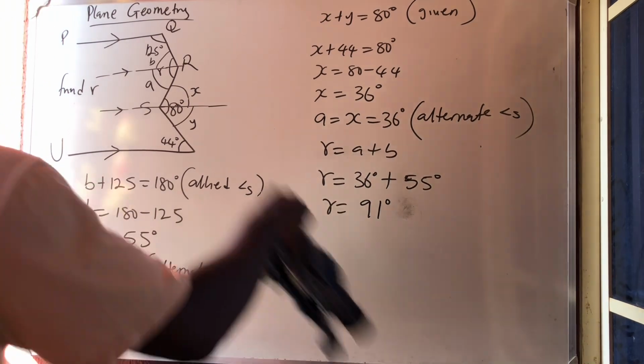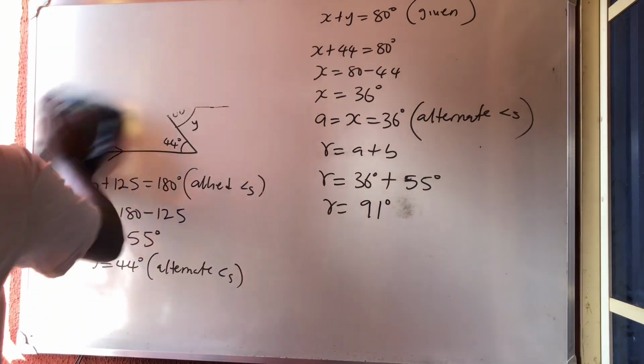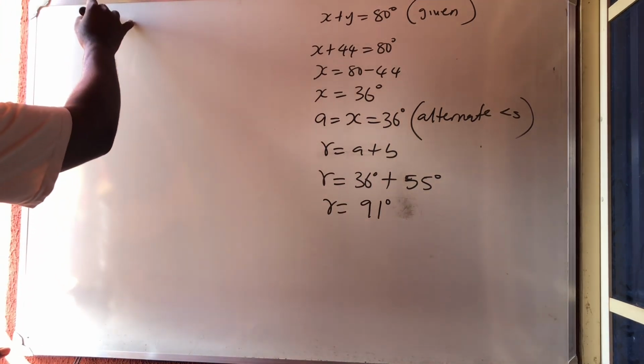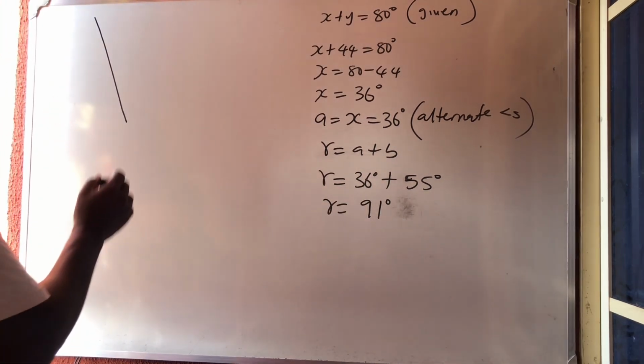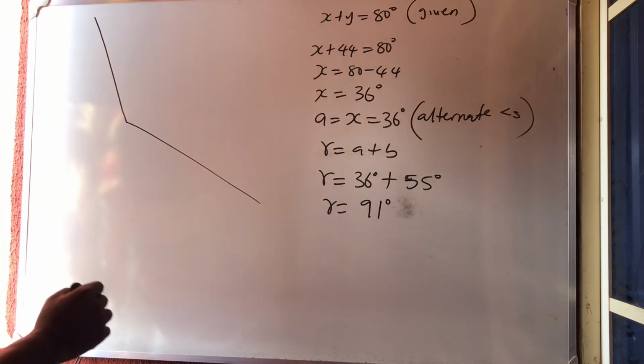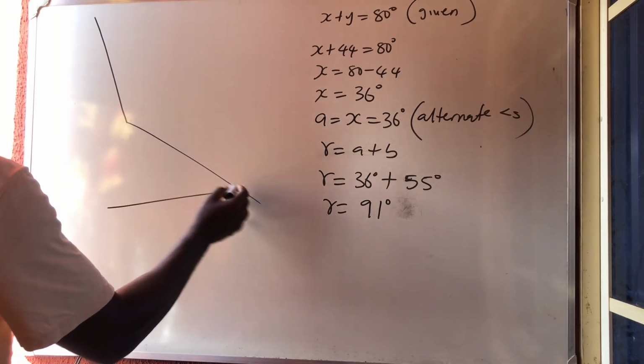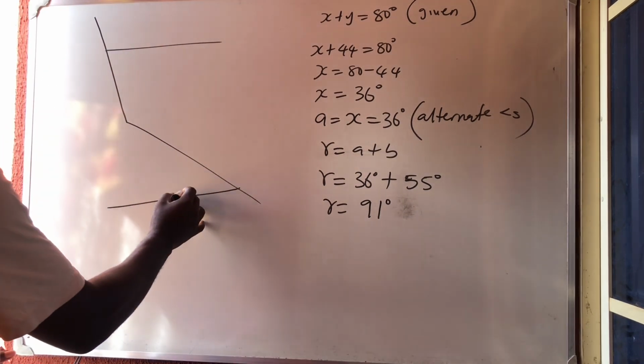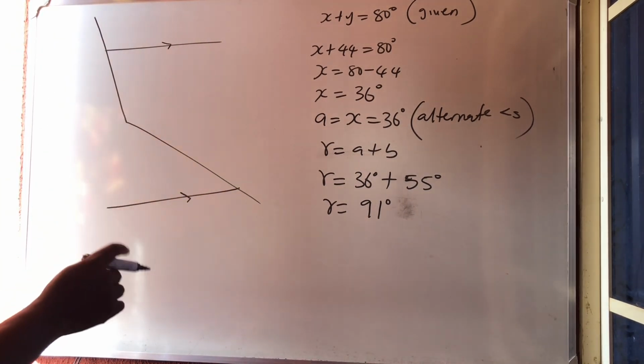The next question. The next question here gave me something like this, and something like this, then something like this. And they told me that here is parallel to here, no problem.